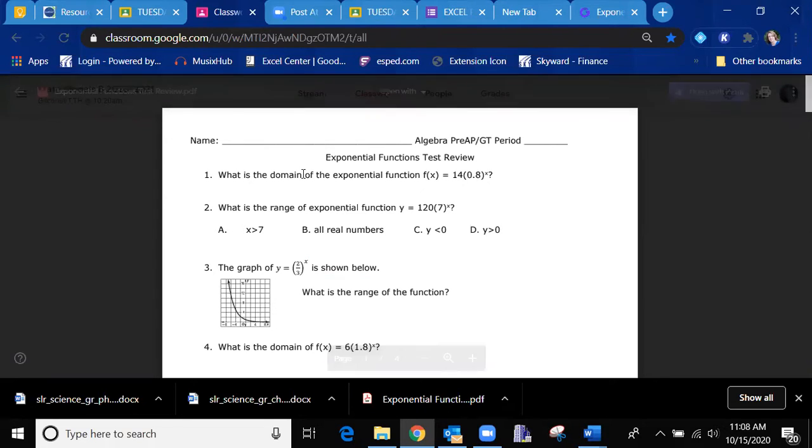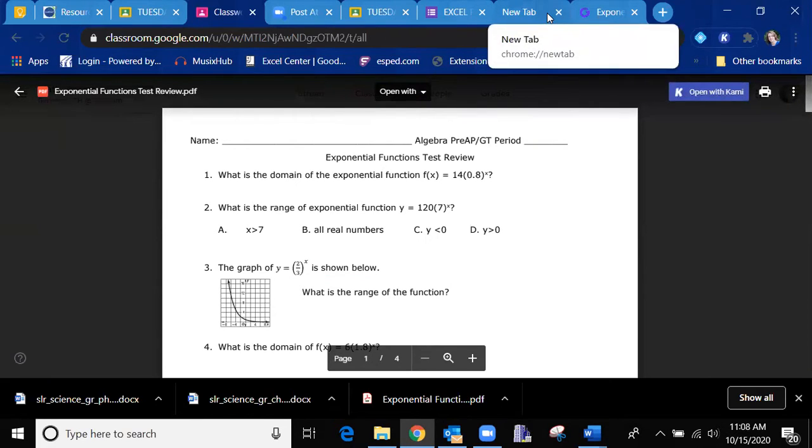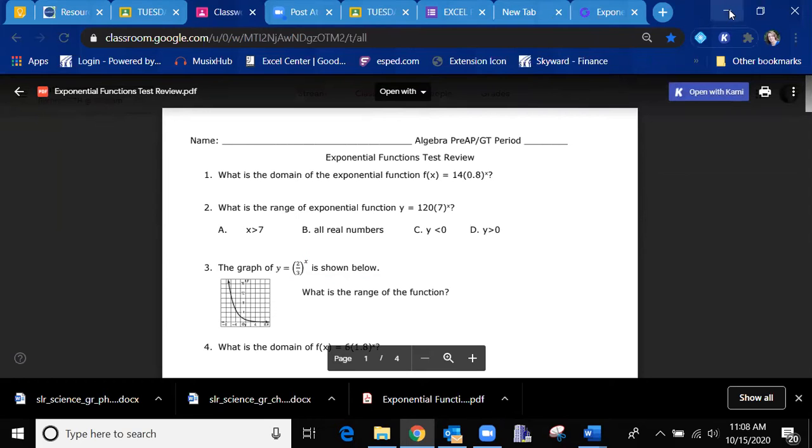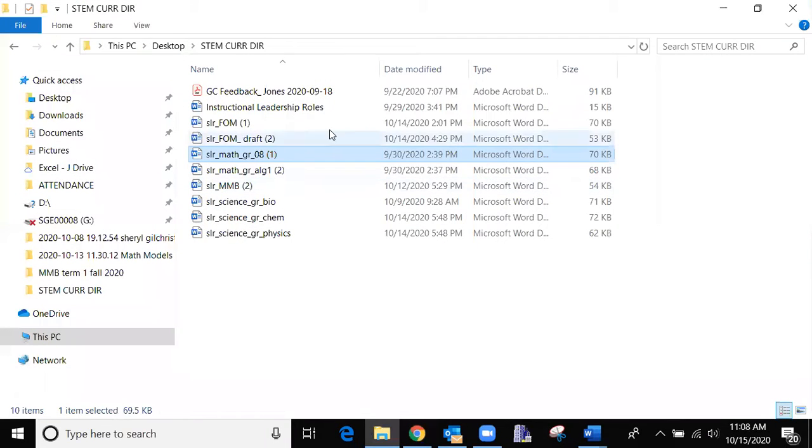So let's see if, let me open it a different way so I can write on it. I think that's the easiest way to do this. Give me a second here.